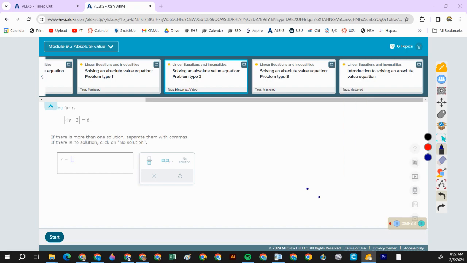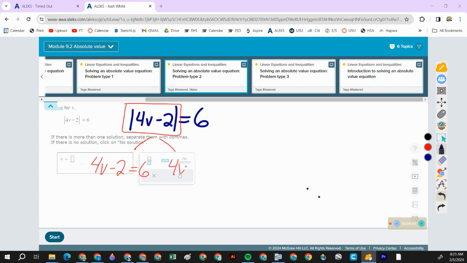Okay. So here we have the absolute value of 4v minus 2 is equal to 6. This is already by itself. I don't need to get rid of anything, which means I can split it into 4v minus 2 is equal to 6, and 4v minus 2 is equal to -6.